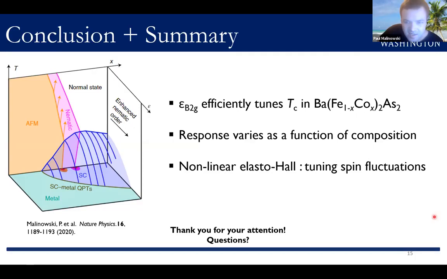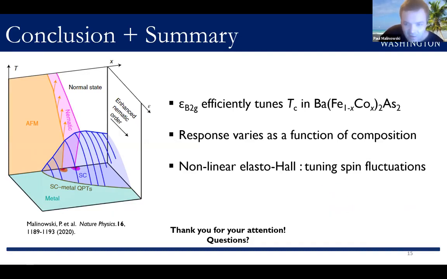Now, I should say that there are many other possibilities here and caveats to that statement. So for example, we are not considering how the elasto-nematic coupling may be varying across the phase diagram, which I believe Matthias will be discussing in the talk directly after this. Additionally, anisotropic strain is expected to enhance the strength of stripe-type fluctuations, but perhaps it is isotropic spin fluctuations or other types that are actually important for the superconductivity.